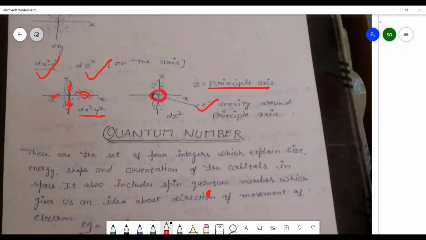It is the electron density around the principal axis. So whenever we write the dz square orbital, it means z is the principal axis and it has this kind of shape, in which one dumbbell is visible and the other dumbbell is concentrated around the nucleus, where the electron density is maximum.